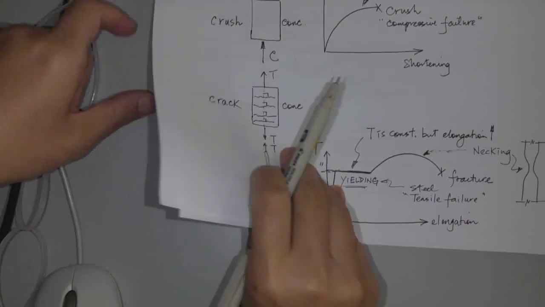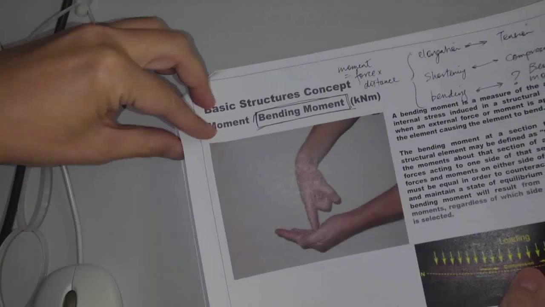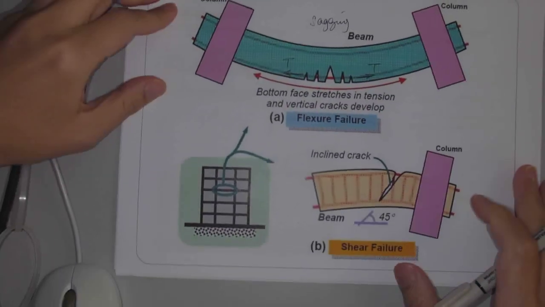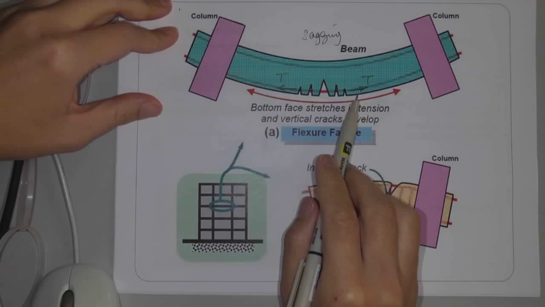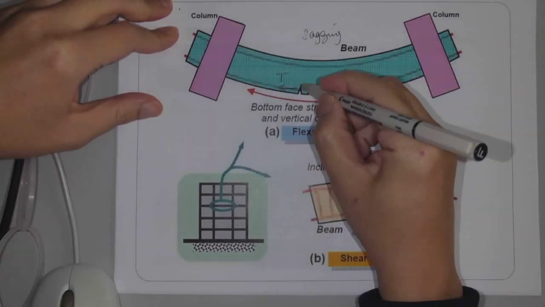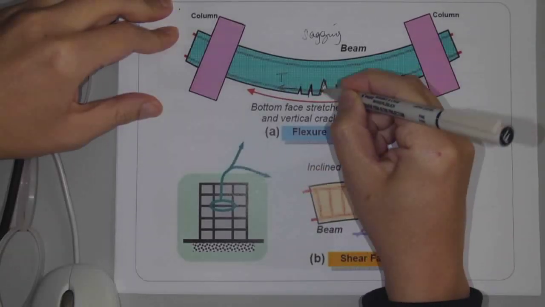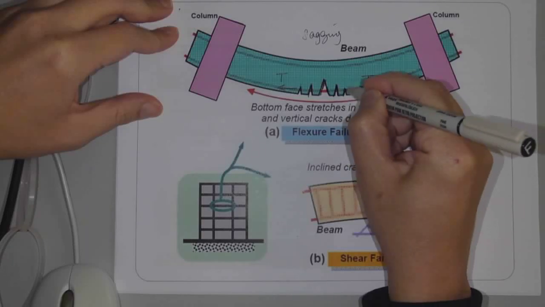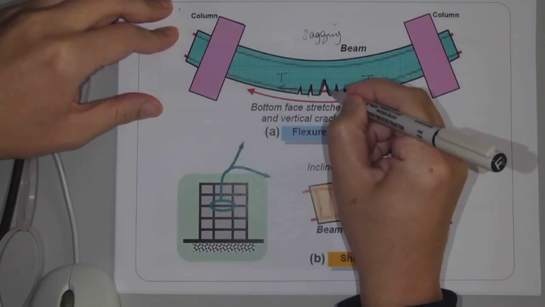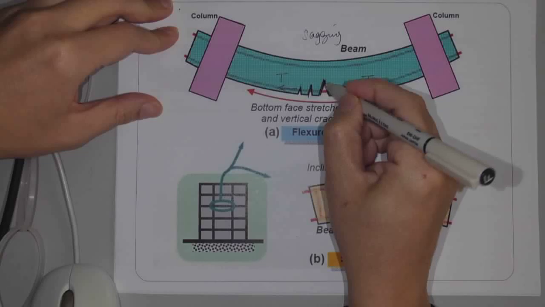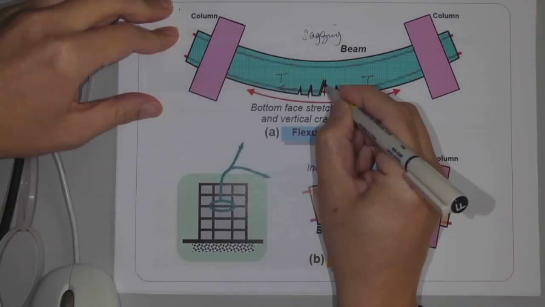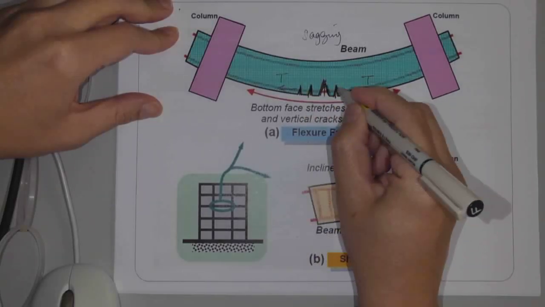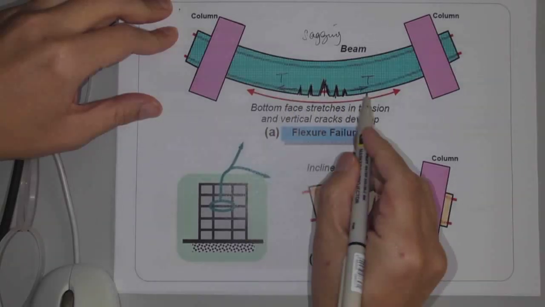If you have a beam like that, with tension like that, those are the cracks. You see the cracks are perpendicular. Of course, it's a bit exaggerated. Don't go cracking it like this. So all these cracks are perpendicular to the direction of the tension.